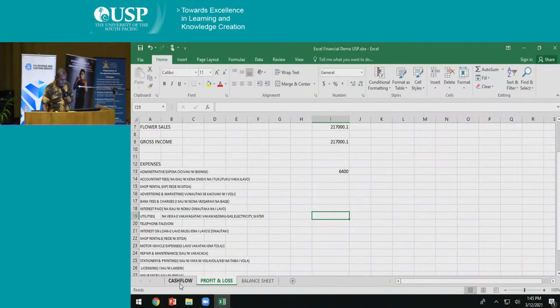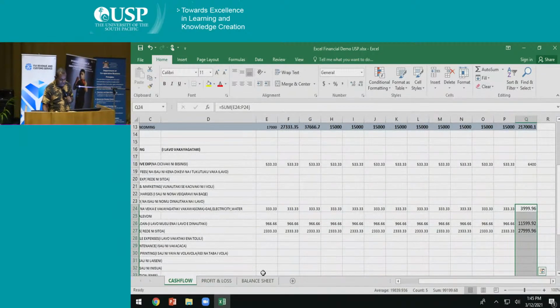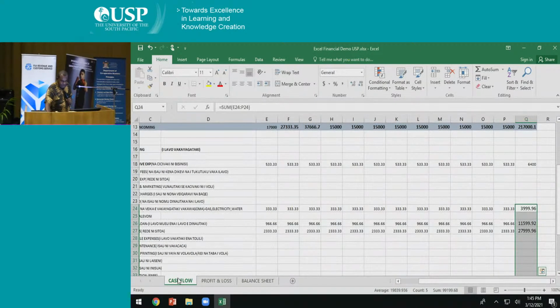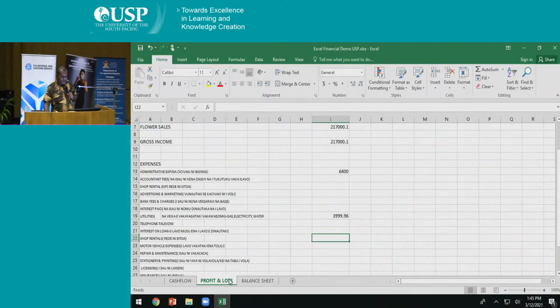Oh man. Come on, just remember the figures. 3,999.96. Next. Loan, interest on loan, 11,000, 11,599, 11,599 point. Good.